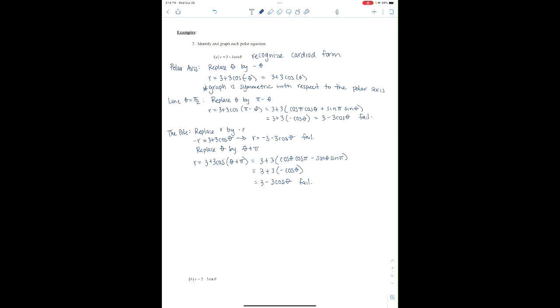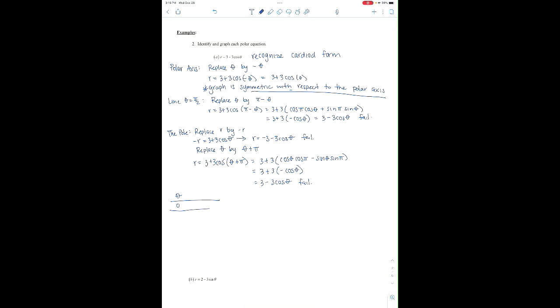So in order to graph this guy, we know where it's symmetric with respect to the polar axes. And let's get some points that will give us a good idea of what's happening. So for this one, since it is symmetric with respect to the polar axes, we're going to go from 0 to pi.